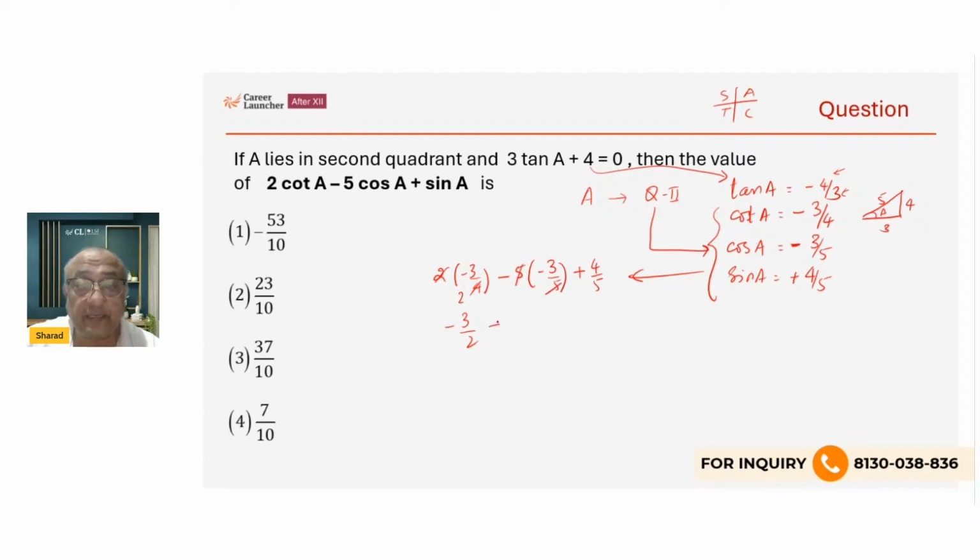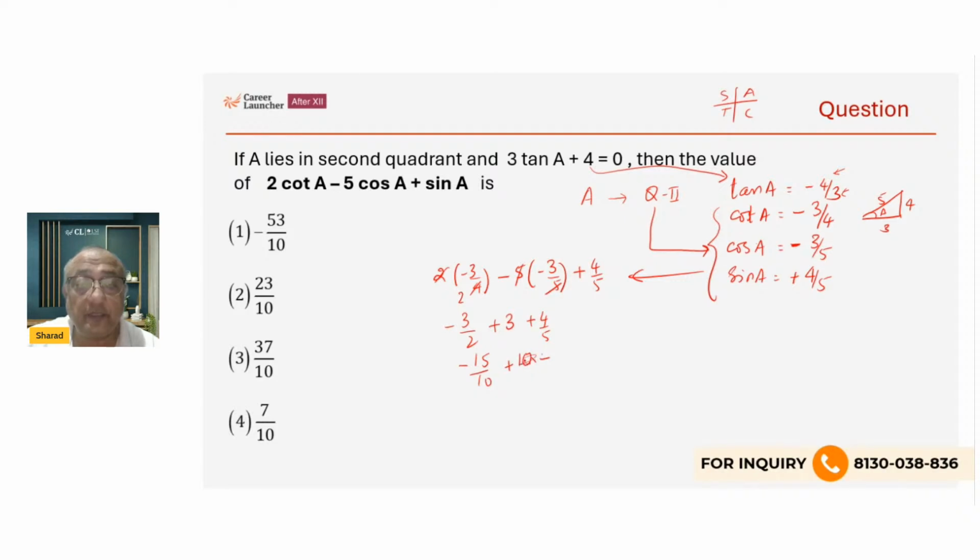This minus and minus will be 3. And this is 4 by 5. Now take the LCM. This will become minus 3 into 5, which is equal to 15. So this will become minus 15 by 10. This is 15 and 15 into 3. No, sorry, not 15. 10 into 3.